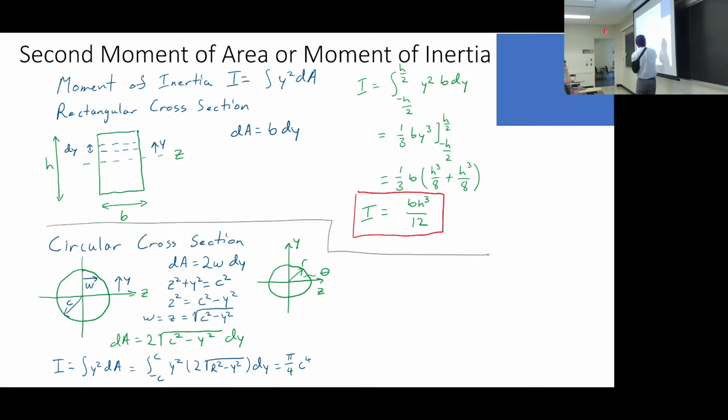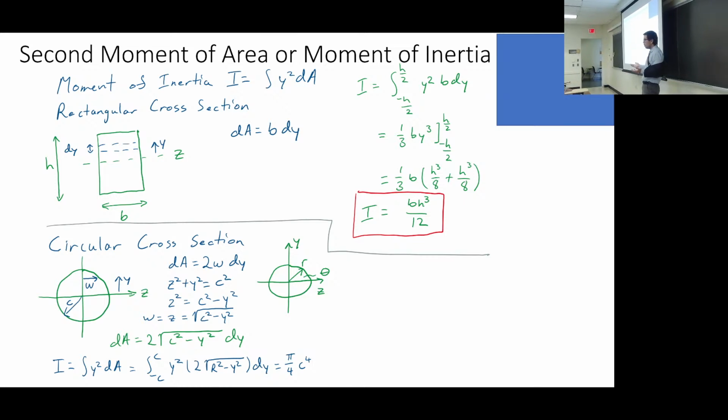And if I know that, and I know the moment, the bending stress is 0 when y is equal to 0. That's when you're on a neutral axis. But when is it maximum? It's maximum at the top or the bottom surface. That's usually half the thickness.